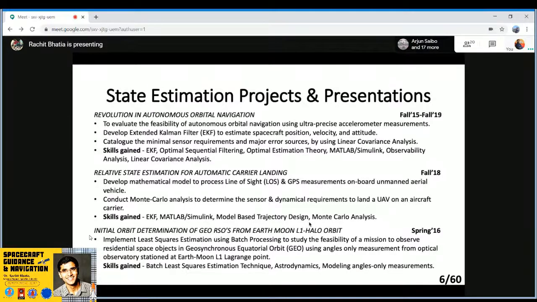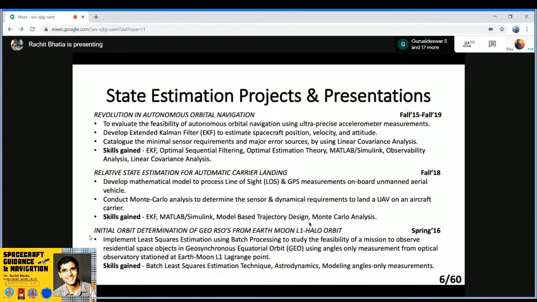The second project I did for one of the coursework at Utah State University. It was also a very interesting project where the problem was to estimate the relative state between a UAV and the aircraft carrier and check the feasibility for an automatic carrier landing problem on an aircraft carrier.